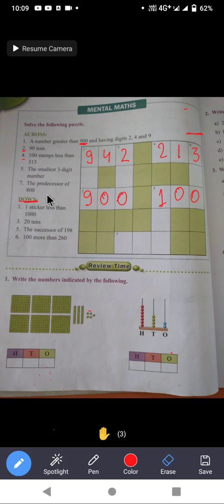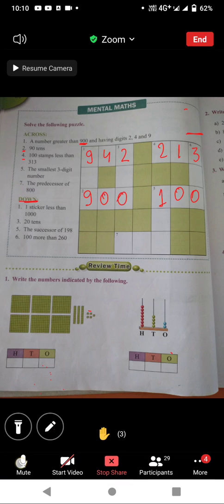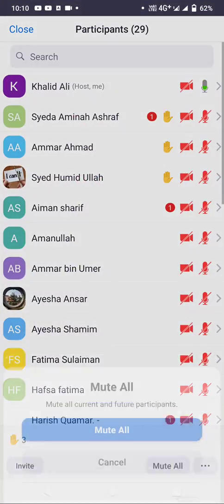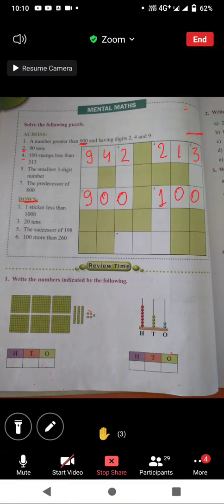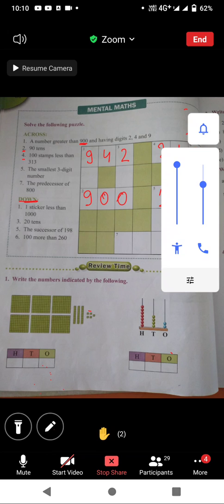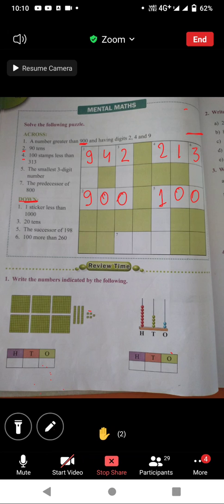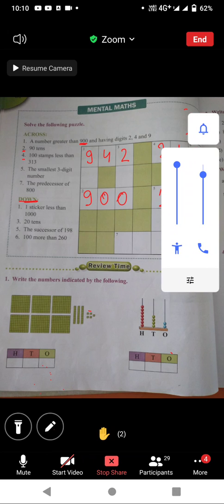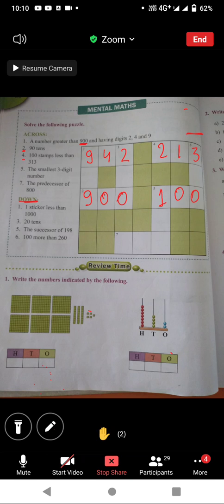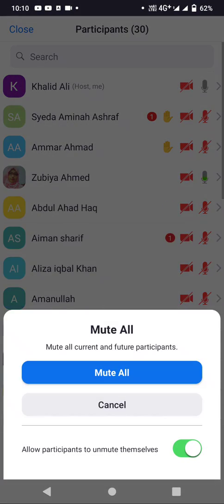Now the 7th part is the predecessor of 800. Tell me, student, predecessor of 800. Is there any confusion? Any other question? You can raise your hands. 799, sir.